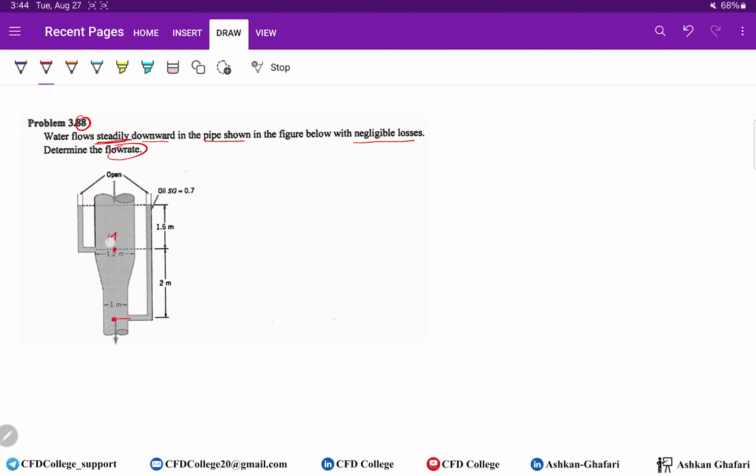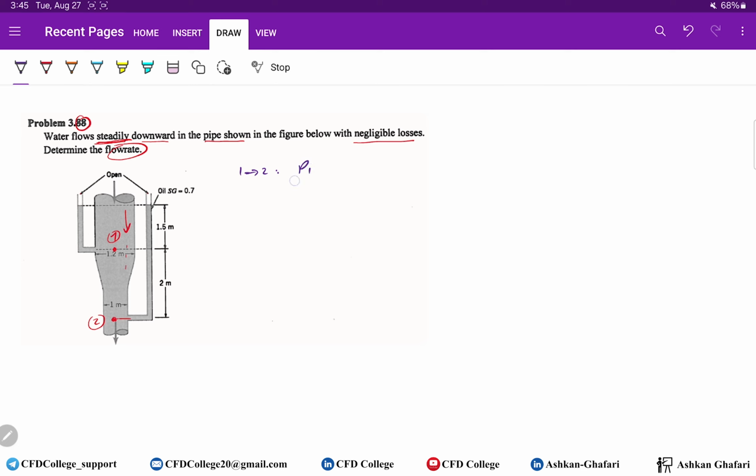So this is point 1 and this is point 2, and always go with the flow, guys. The flow is downward, so name this point the first point, point 1, and this one the second point. Always follow the flow.